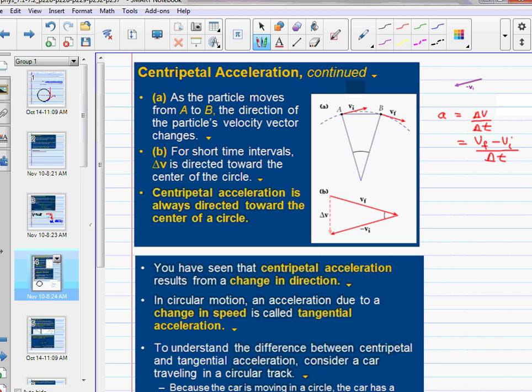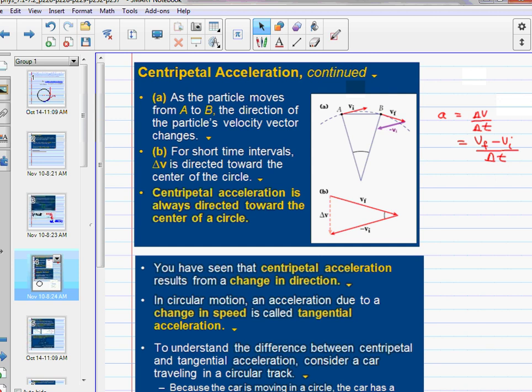And we know change in velocity is going to be final velocity minus initial velocity over change in time. And if I am drawing with vectors, a negative of a vector means the opposite direction of the vector. So right over here, I've made a little purple vector that is simply the opposite direction, same size as that initial vector. So I have a negative v sub i. I'm just going to put end to end the v sub f and the negative v sub i vector.